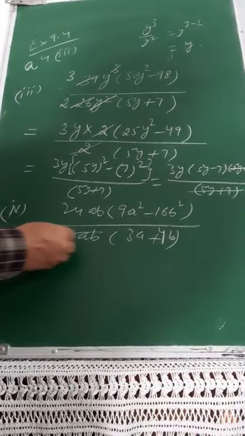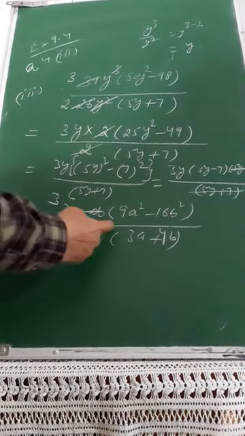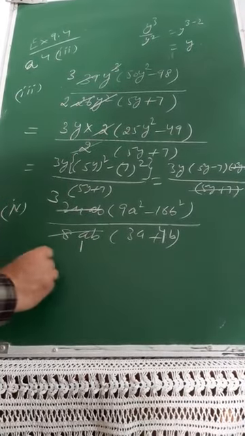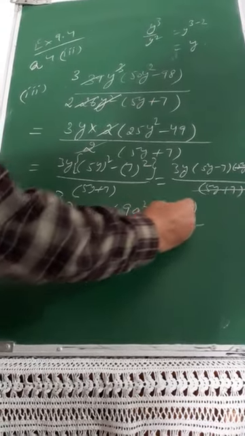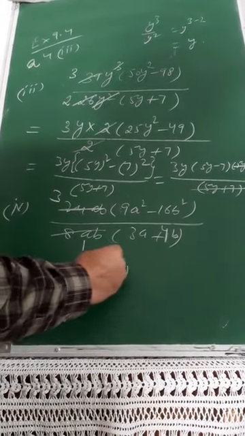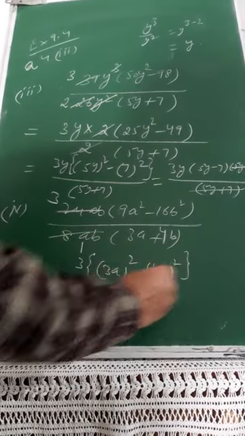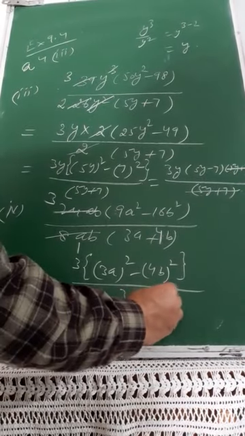Similarly here, 8ab, 1s are 8 and 324ab. So ab you can cancel with ab, and 8 3s are 24. Now here 3 inside the bracket. Again you see there are two perfect squares, one of 3a and another of 4b. Upon this is 3a plus 4b.